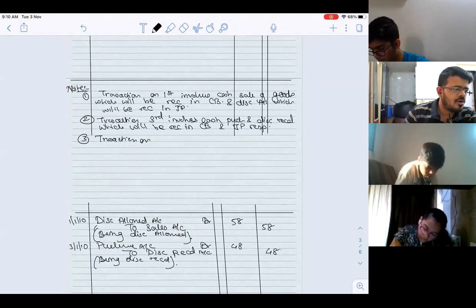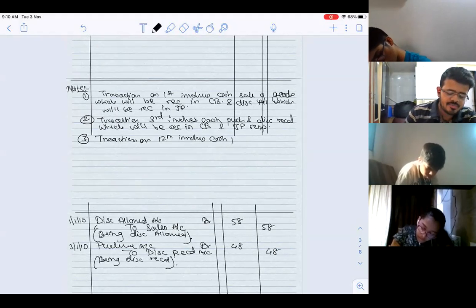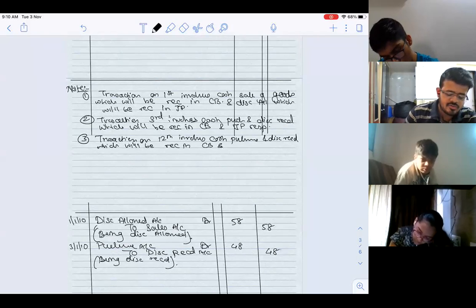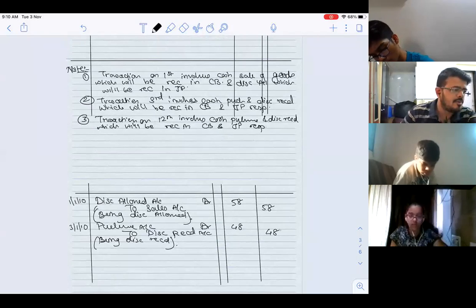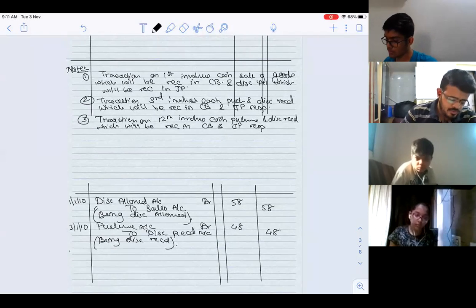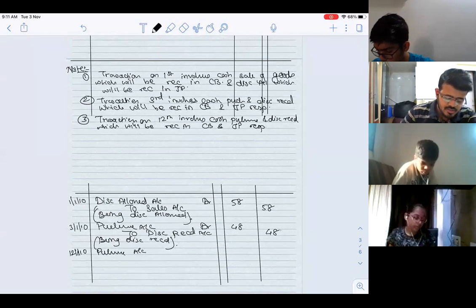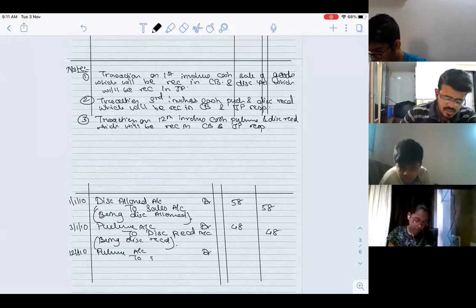Transaction on 12th involves cash purchase and discount received, which will be recorded in cash book and journal proper respectively. Journal proper में entry हो जाएगा आपका 12th को, purchase account debit to discount received account.